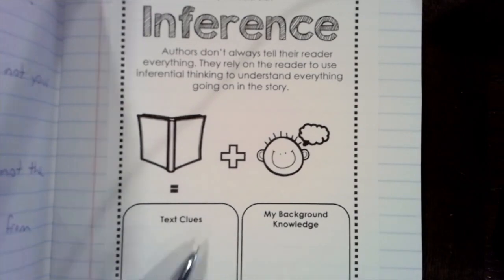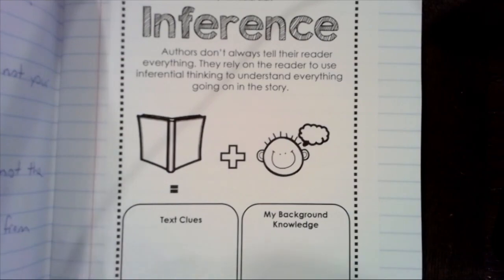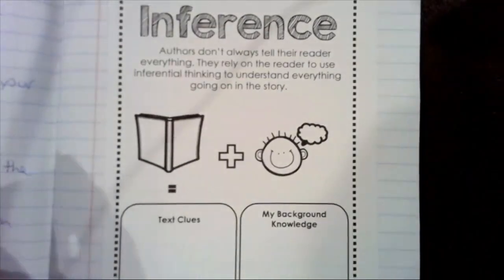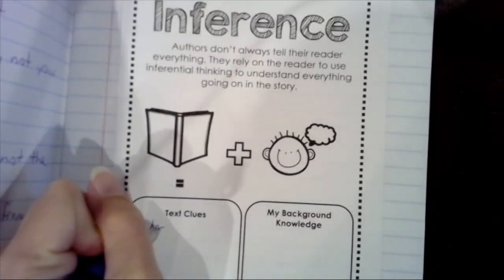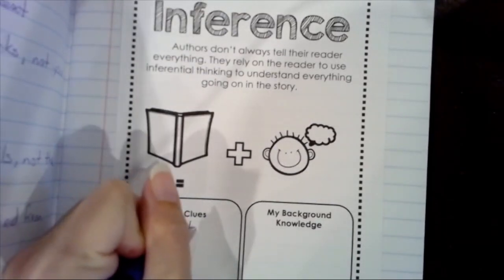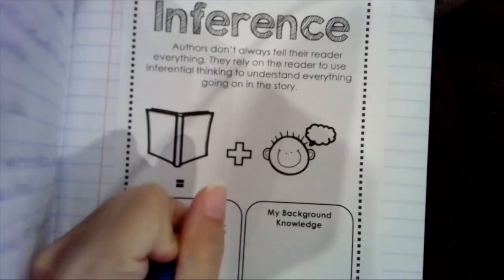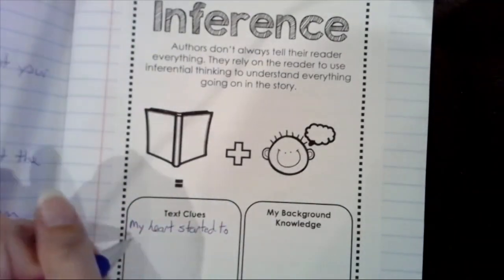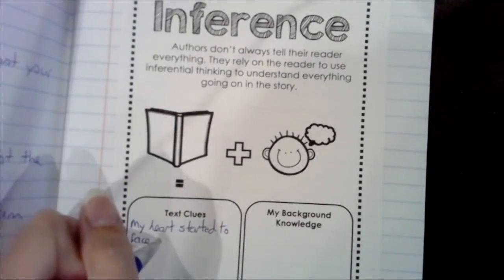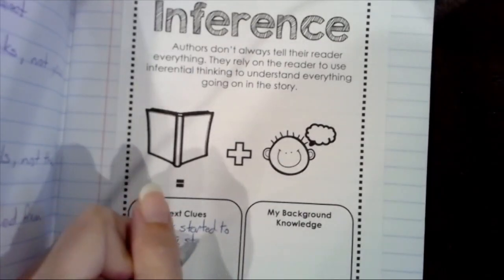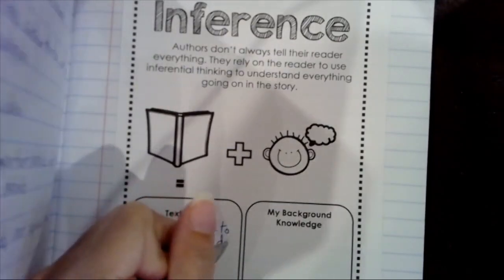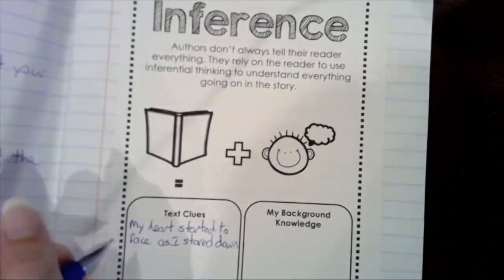I'm going to write some text clues here, and you're going to write it down on your journal page as well. So, my heart started to race as I stared down at the broken pieces.